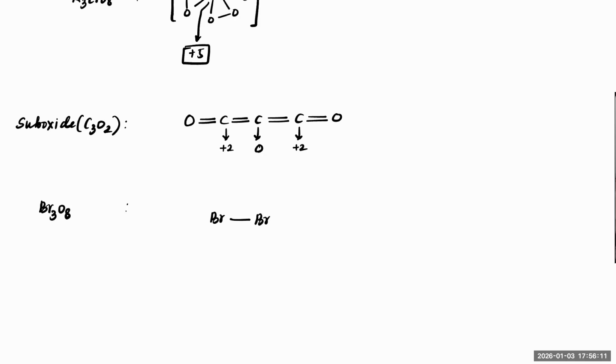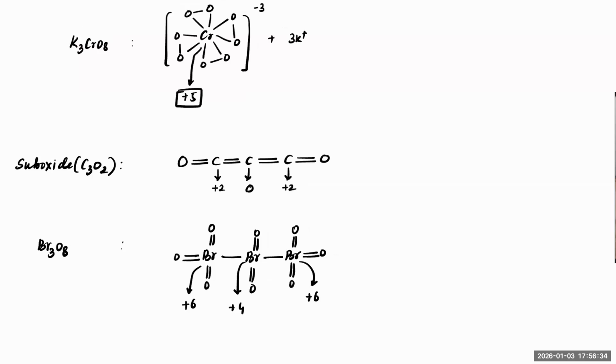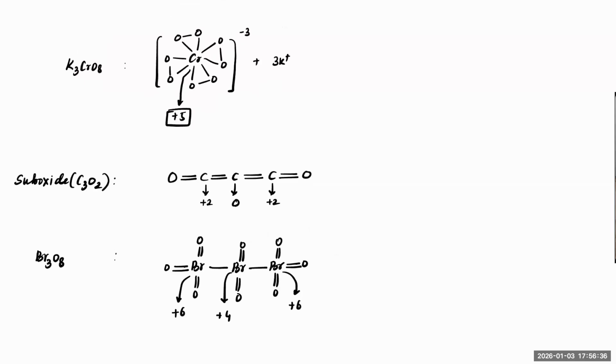These are all only structure based. Double bond O, double bond O, double bond O and so on, eight double bond O's in all. So here it is loss of 6 electrons, here it is loss of 6 electrons, and here it is loss of 4 electrons. Done. These are the other important structures that we need to know.